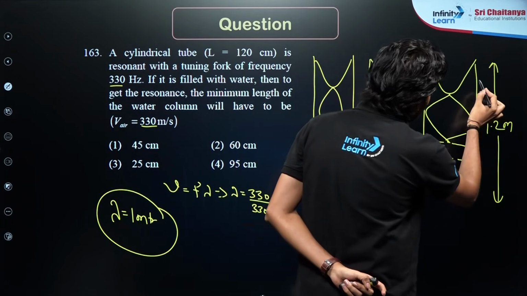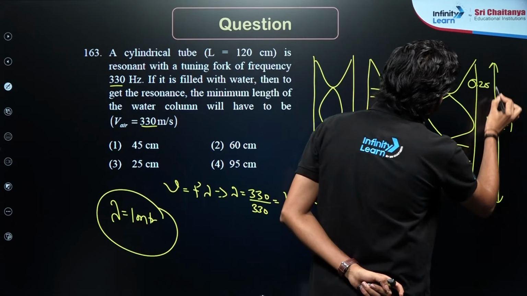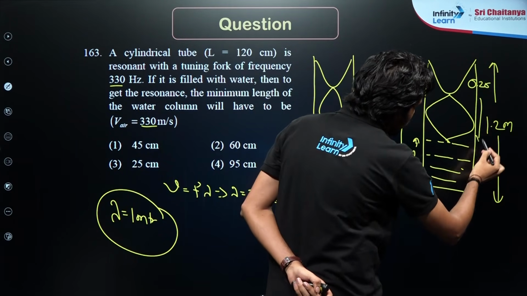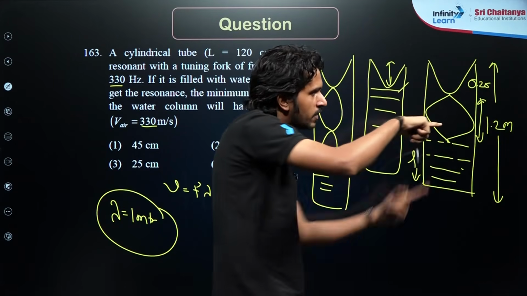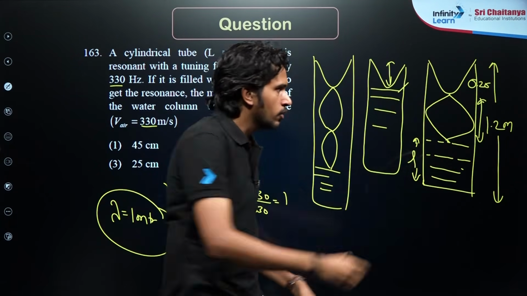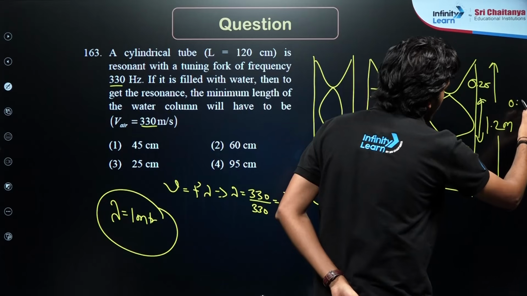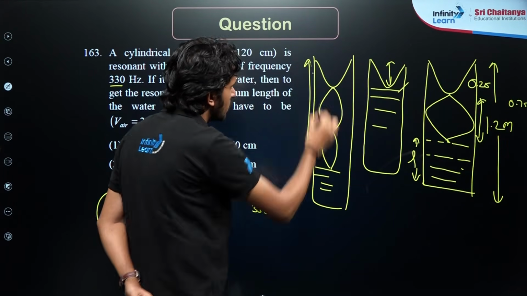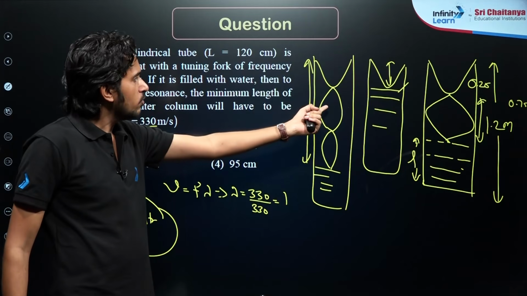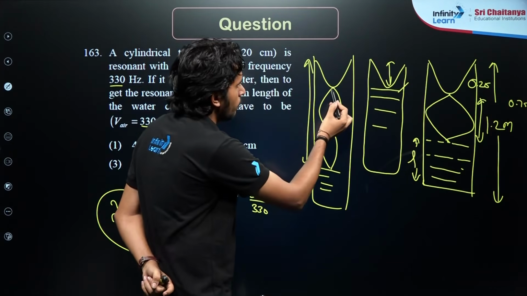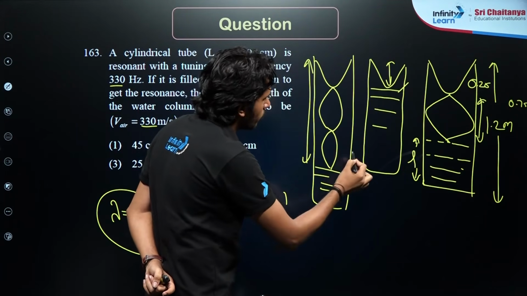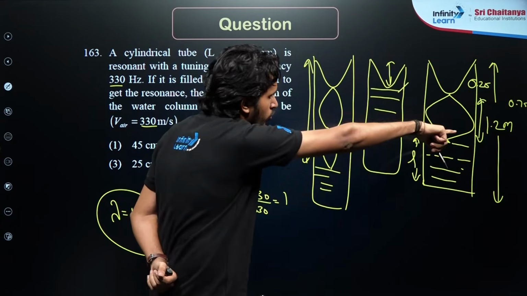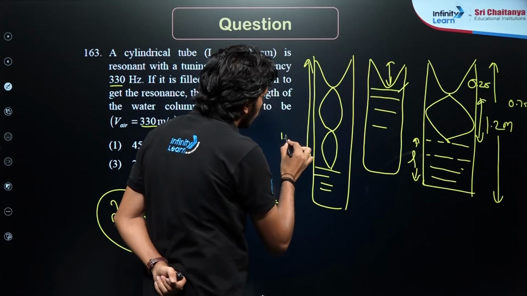So if this is 0.25, it can be a configuration, and if we make this configuration, 0.25 plus 0.25 plus 0.25, total 0.75. But if you try to make this other configuration, then 0.5 plus 0.5 plus 0.5 plus 0.5 plus 0.5 would exceed the value of 1.2 meter, and that value would be 1.25.